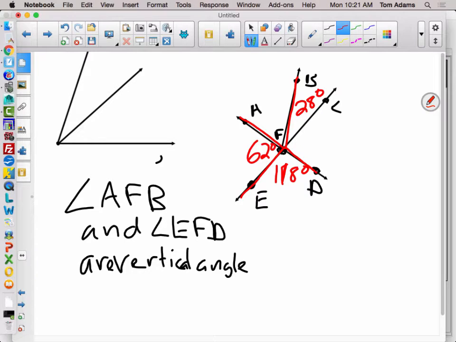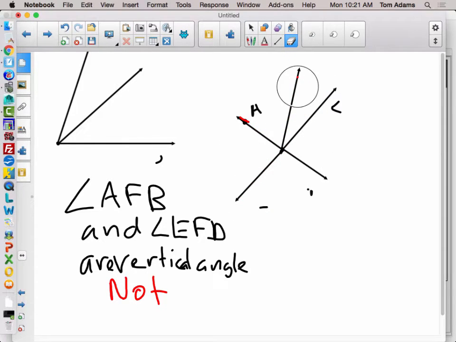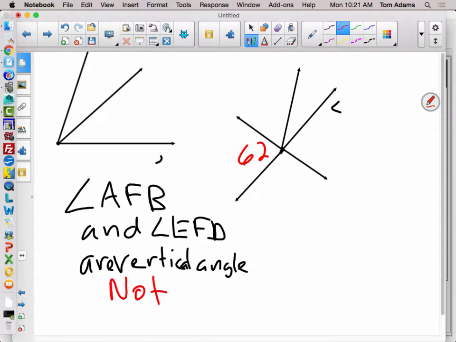No. So it's not a vertical angle. What was this? 28. What's this? 112 or 118? And this is A. Is that C? Yeah. A, B.